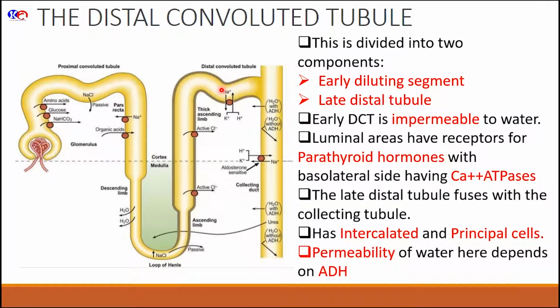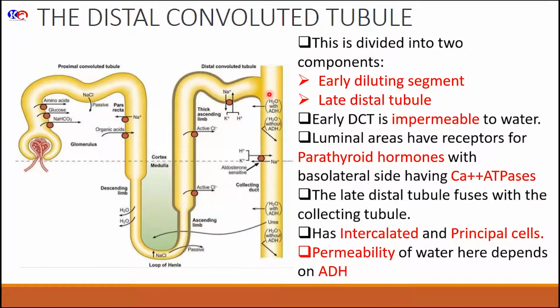Now the late part fuses with the collecting duct, and this part is made up of two cells, intercalated and principal cells. Once again, when we start with the functions, we shall know the roles each of them is playing. Now, permeability of water here depends on ADH, anti-diuretic hormone.